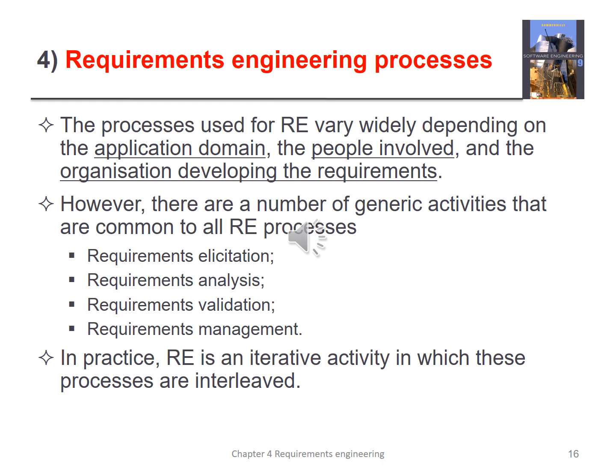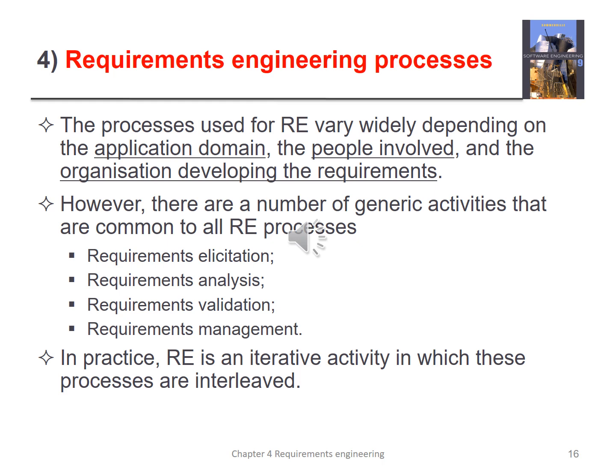But we need to elicit requirements, analyze them using models, validate them using reviews, and in the meantime manage them. So the activities are common. We need to find out if they are doable, which is the feasibility study. But here, right away, we get to the elicitation, analysis, validation, and management.